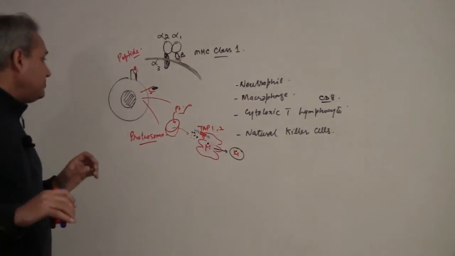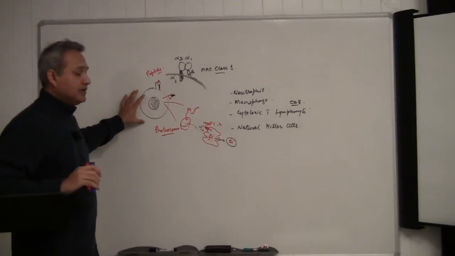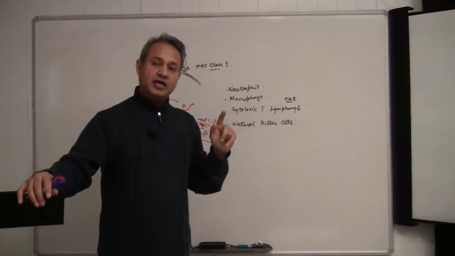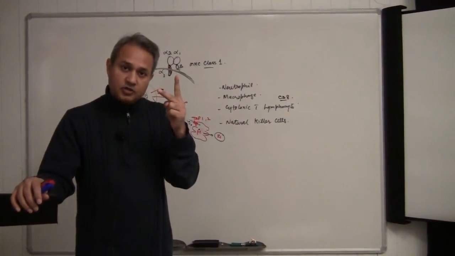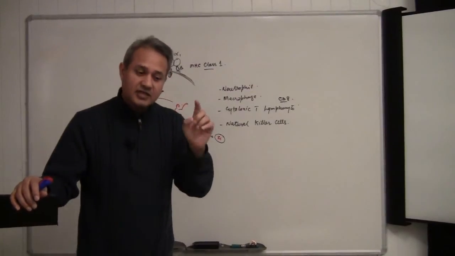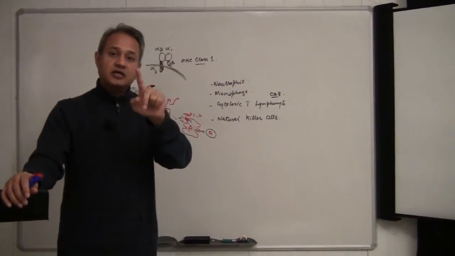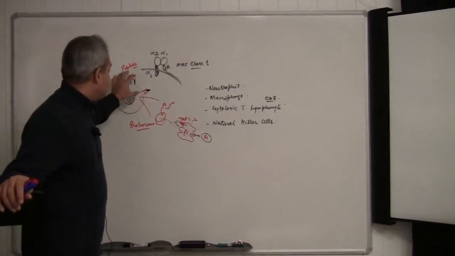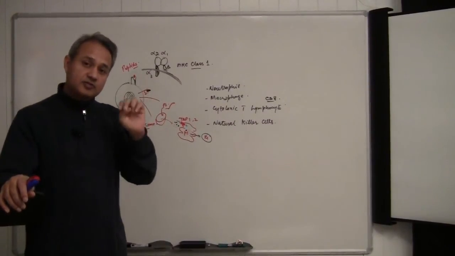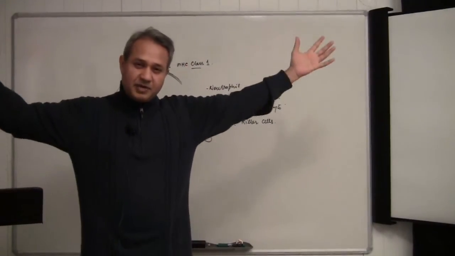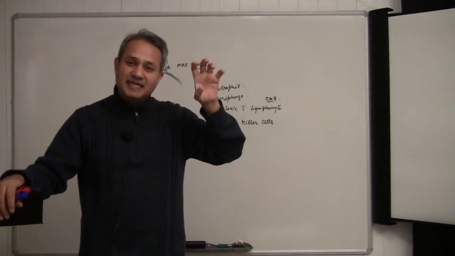Okay. Now let's understand. In our initial lectures we had discussed that two situations cause reduced expression of MHC1 on the surface of the cell. What are these two situations? Remember that big picture and that house which was sick?